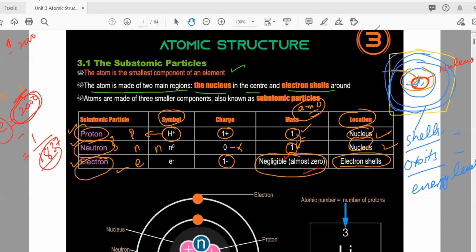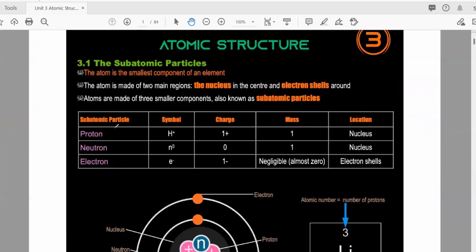So this is how they talk about the subparticles. You have proton, neutron, electron. Proton has the symbol H positive or P positive. Neutron is N0, electron is E0, then E negative. Then charge: proton has positive charge, neutron doesn't have any charge, it is neutral, and electron has -1 charge.